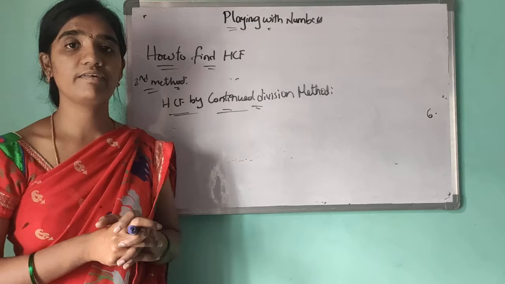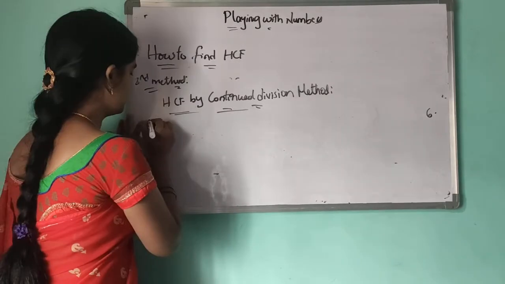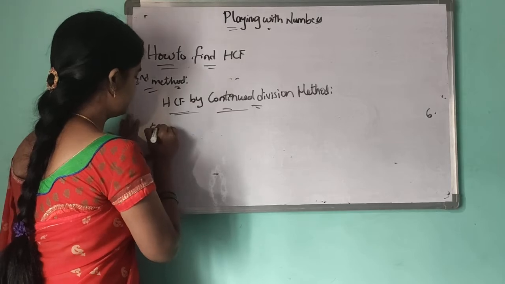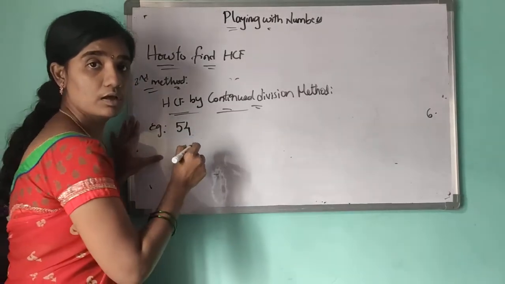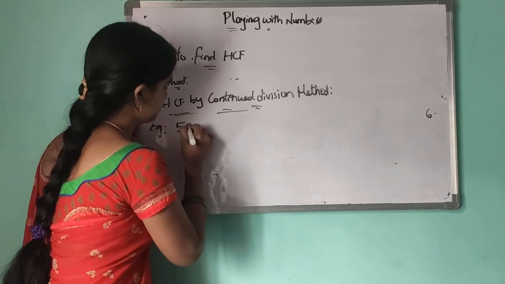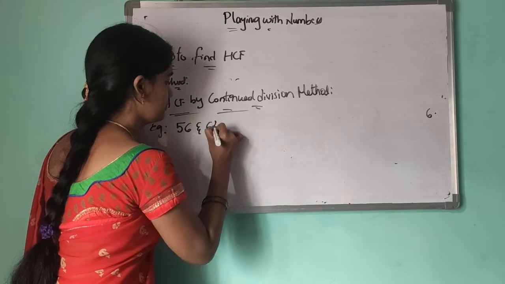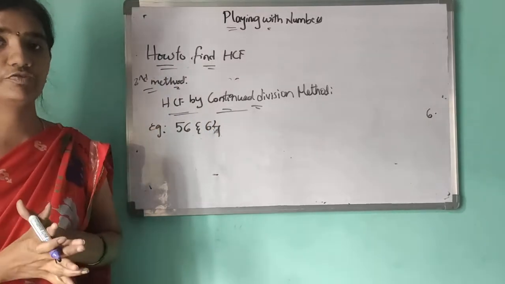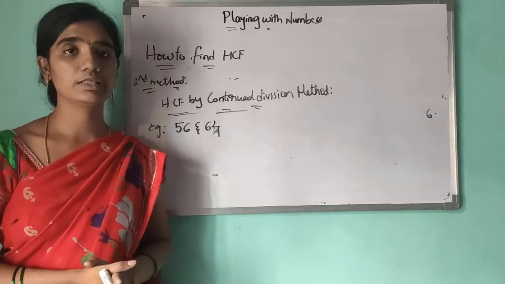The last divisor is the HCF of the numbers. For example, 56 and 64. Here I will explain the definition of the HCF continued division method.